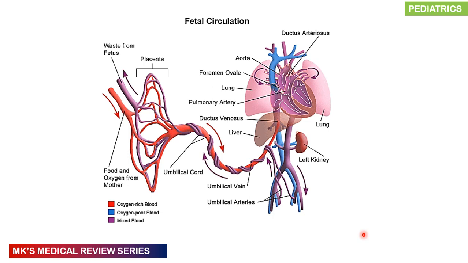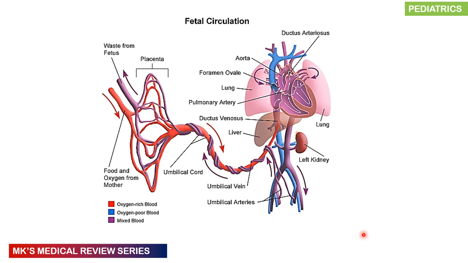So there are a few things that you should keep in mind whenever you are talking about the fetal circulation. The first and foremost thing is that the uterine environment is relatively hypoxic. This is because the fetus isn't really using the lungs.